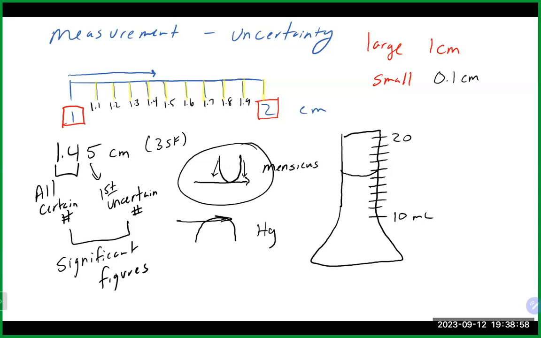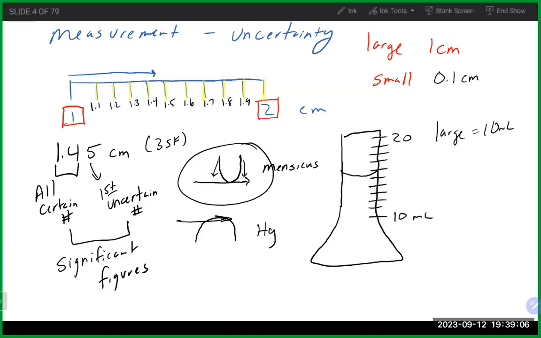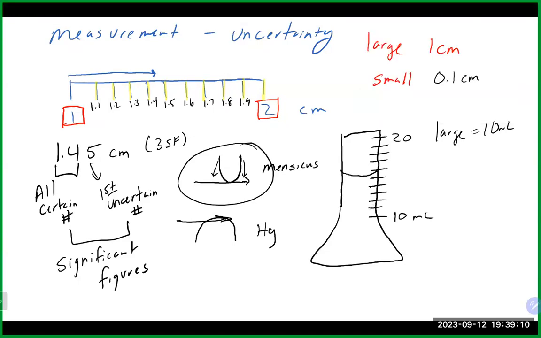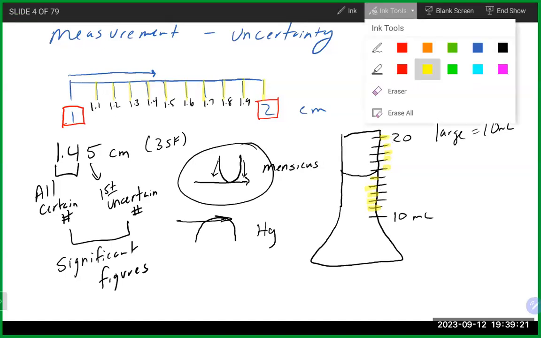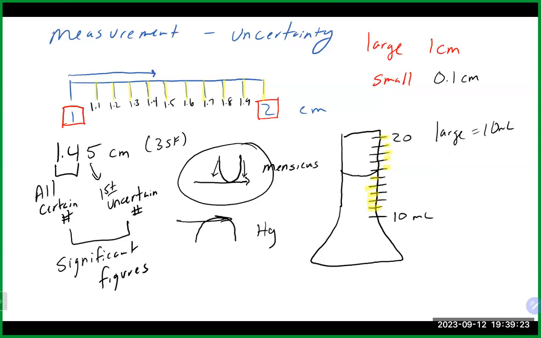When you take a reading with glassware, in this case, we look at our large markings here, and that is a 10 milliliter difference between the 2 big markings on our wonderfully drawn graduated cylinder. We have 1, 2, 3, 4, 5, 6, 7, 8, 9, and 10 markings between 10 milliliters. That means in this particular case, each of the small markings is 1 milliliter, right?